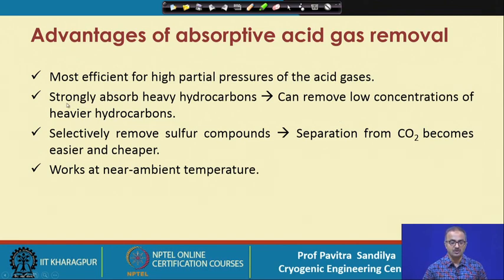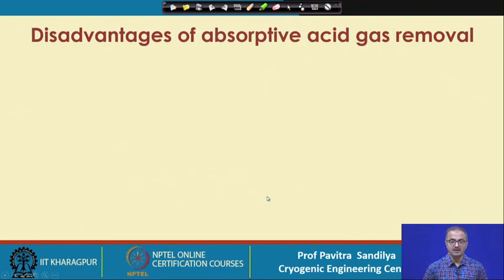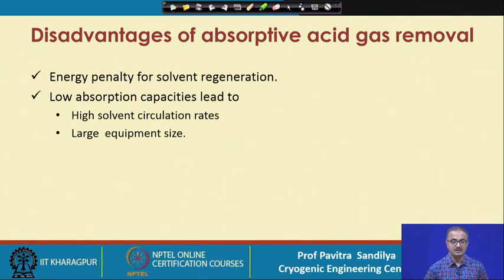They can remove low concentrations of heavier hydrocarbons, and they can selectively remove the sulfur compounds, so that we can separate carbon dioxide easily and cost effectively, and they can work at near ambient temperature. However, the disadvantages are that we have to spend energy for the solvent regeneration, and they have low absorption capacity that leads to high solvent circulation rate and large equipment size.